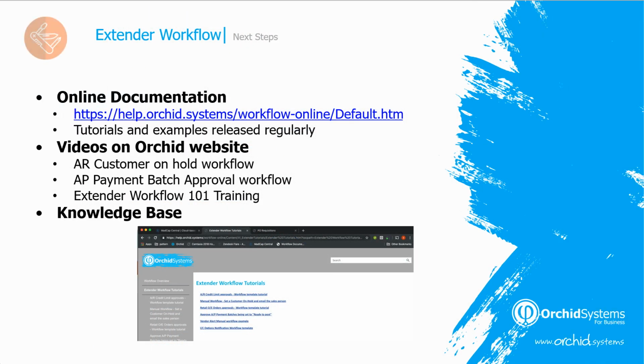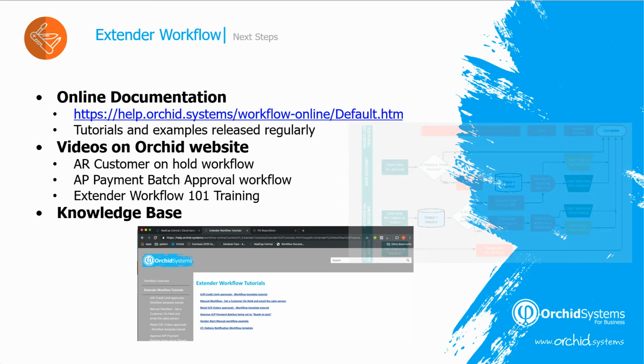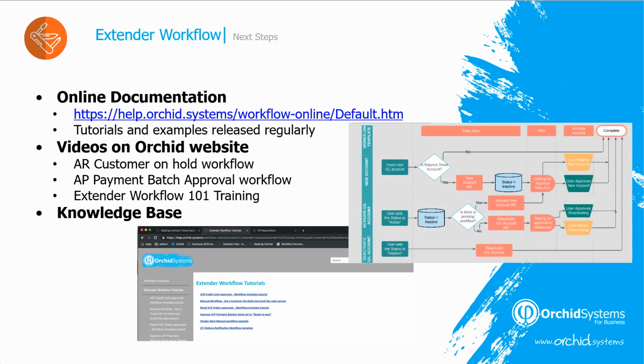So the online documentation has tutorials and examples released regularly, including some of our best practice tips. The knowledge base also has some details and some best practices on what to do with a workflow. But the key message that we have for you is to make sure that you focus on the business process. Make sure it's clear what you're trying to achieve.